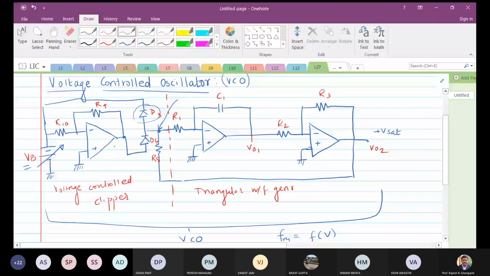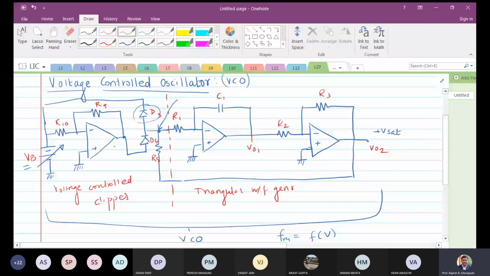So when we have a positive peak, Vsat, for example, in that case, D3 prevents this peak from exceeding VB plus VD3.